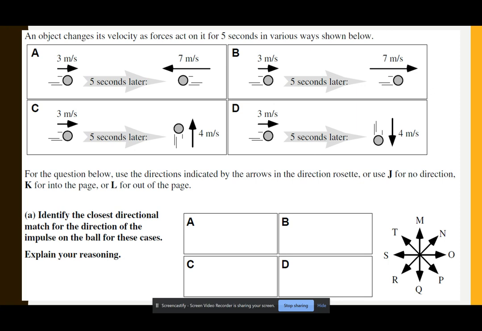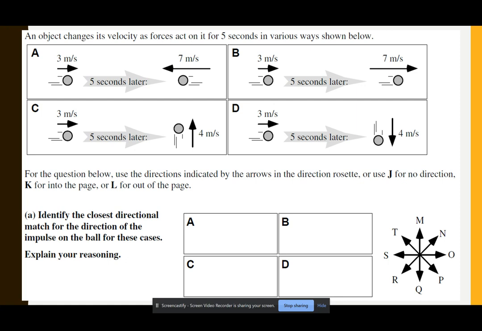And it's asking to indicate the closest directional match for the direction of the impulse on the ball for these cases. So basically, which direction did it have to be hit for it to change? Basically, that's what it's saying.